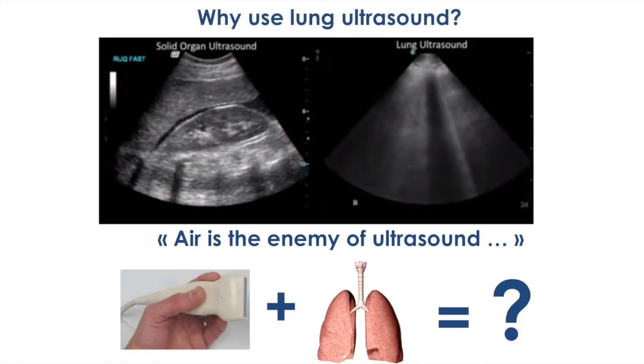So why do we use lung ultrasound when we have been repeatedly told that air is the enemy of ultrasound? Until now, you have been familiar with scanning organs, brain, real images. Today, you will learn about scanning artifacts. Artifacts are created by the principle of propagation of the ultrasound beam. The waves are stopped by air and bones.